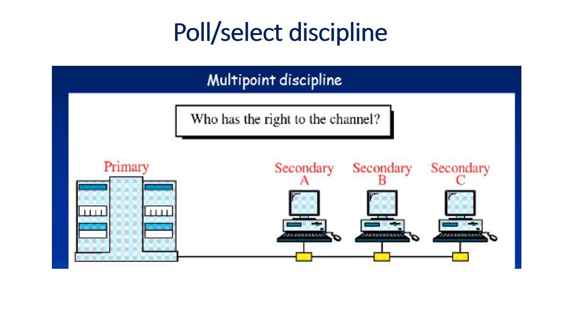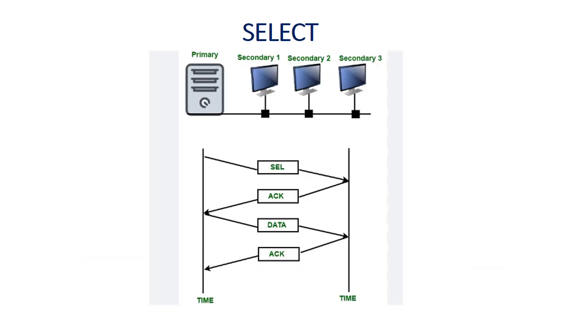It occurs where there is a primary and secondary, or master-slave, relationship, wherein one device is primary, the main server, and all the others are clients attached on the channel. It decides who has the right to the channel. When the primary has to send data to the secondary devices, the primary will directly select that particular secondary device, as shown in this figure.